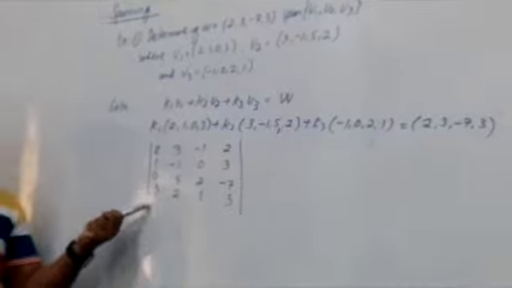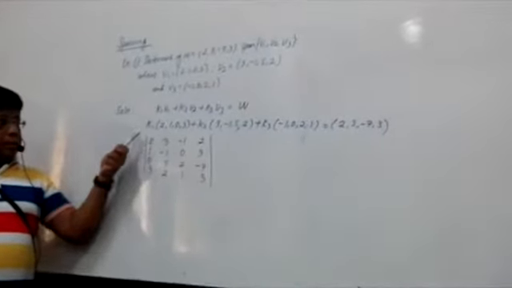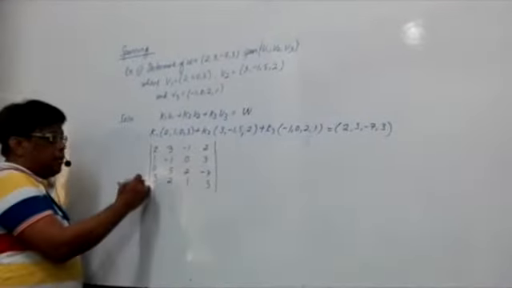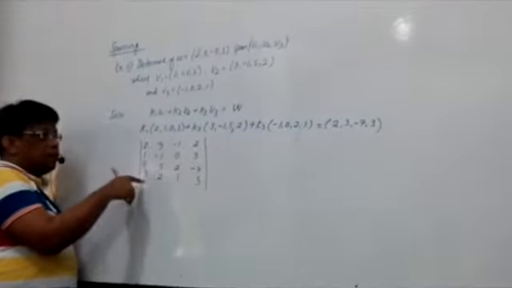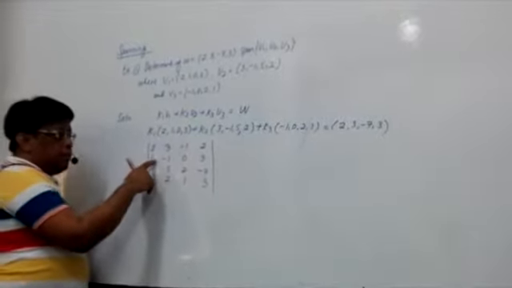So we're going to transform the matrix into our RREF form. That is solving for K1, K2, and K3. So the first step for the RREF is the leading one.